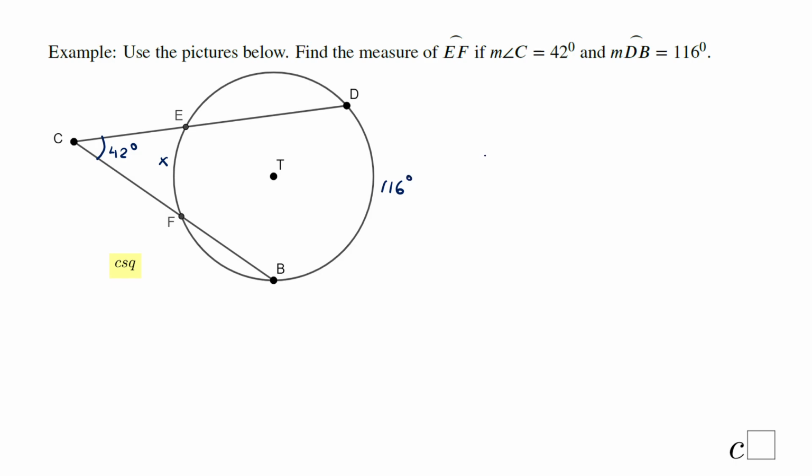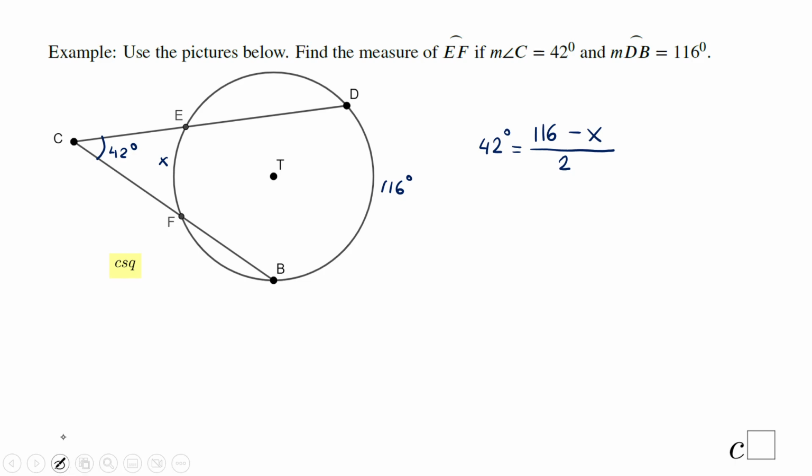So I'm going to write the equation right away. The measure of the angle C, which is 42 degrees, equals the difference of what? 116, the largest intercepted arc, minus X, over 2.